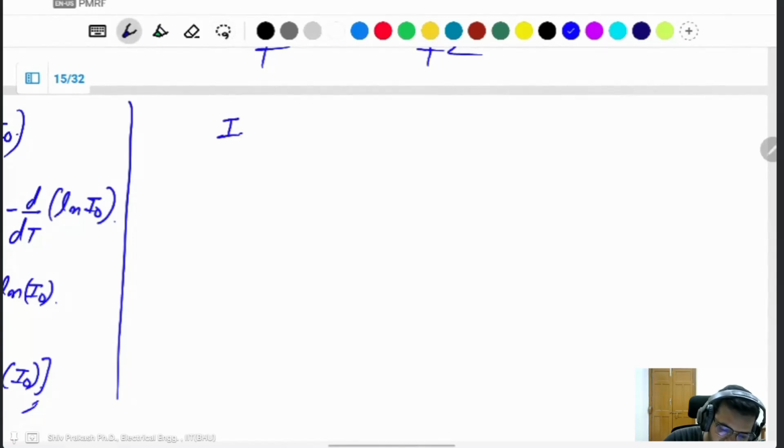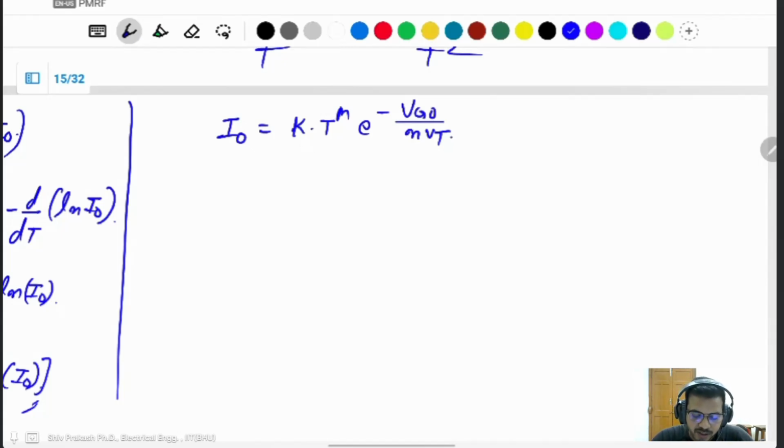The saturation current I naught, you all know, is K into T power m into e to power minus VGO divided by n Vt. Where K is the Boltzmann constant, T is temperature, VGO is the forbidden energy gap in electron volts, and Vt is the equivalent voltage of temperature, as all of you know.